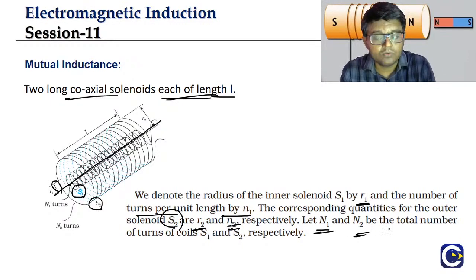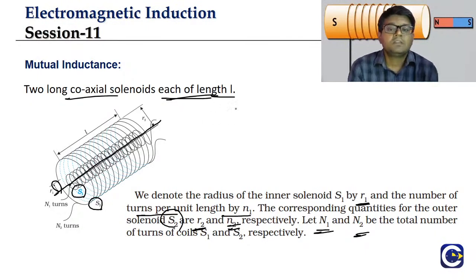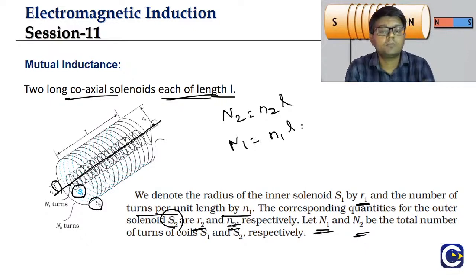Capital N1 and capital N2 represent the total number of turns in solenoid 1 and solenoid 2. So N2 is equal to small n2 into L, and N1 is equal to small n1 into L, because for both of them the length of the solenoid is the same.